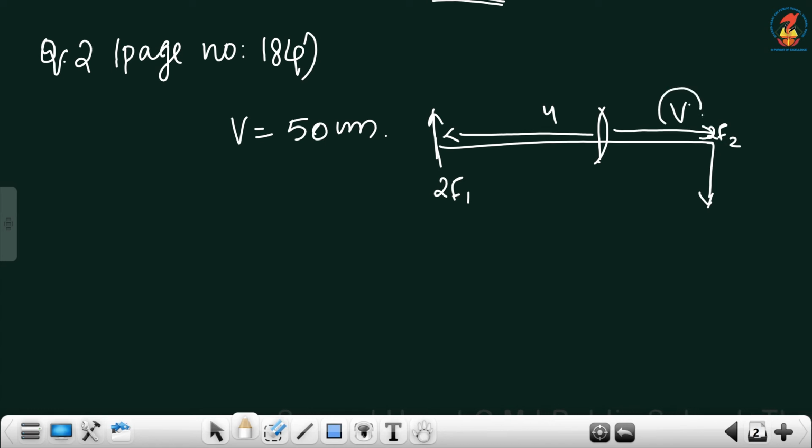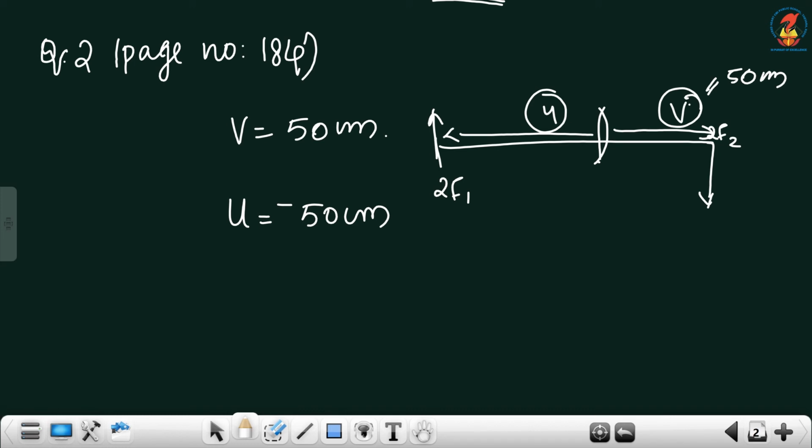So, this distance is given as 50 centimeter. So, what about this distance? That distance also 50 centimeter. So, u equal to minus 50 centimeter, because we are measuring opposite to the direction of incident light ray.